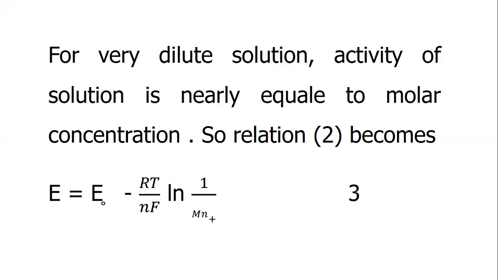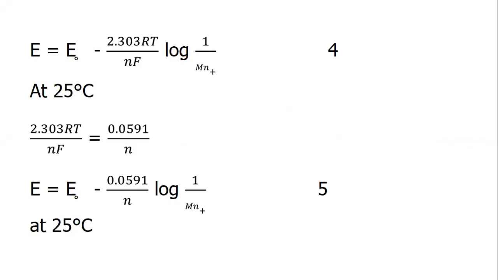So E equals E naught minus RT over nF ln 1 over [Mn+], which is E equals E naught minus 2.303 RT over nF log 1 over [Mn+] at 25 degrees Celsius. Since 2.303 RT over F equals 0.0591, E equals E naught minus 0.0591 over n log 1 over [Mn+] at 25 degrees Celsius.